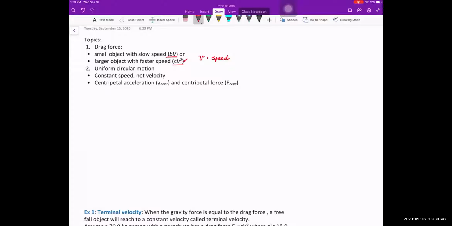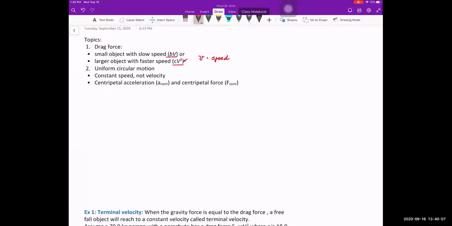So if you have a very smooth bowl as opposed to a very rough surface bowl, and they are moving with the same velocity, they are not going to feel the same kind of drag force. So all these other situations, we put into a constant.